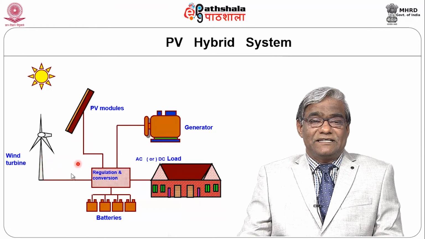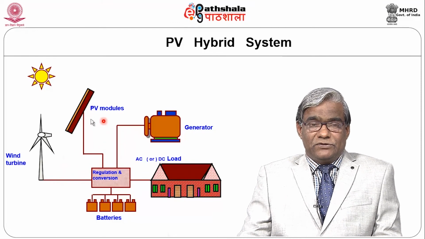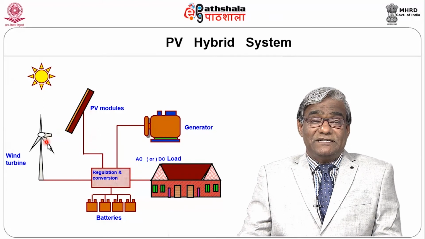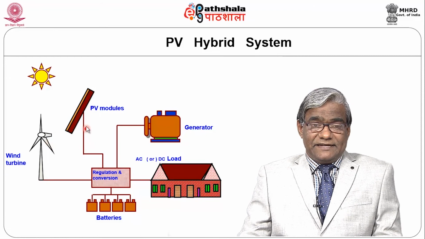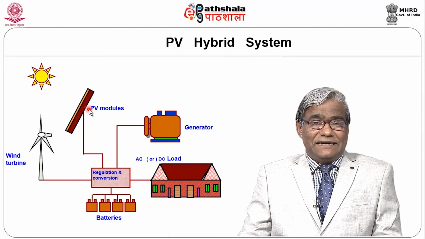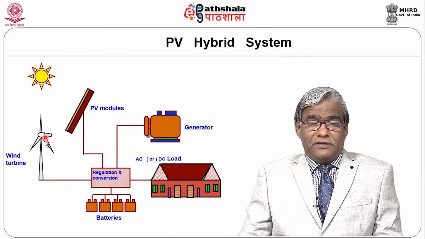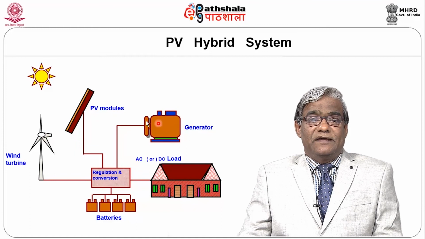It is integrated together, and here is one more generator. So, in the daytime solar PV can generate, and wind can also generate when the wind velocity is good, and at night time the PV panel cannot generate electricity. Of course, wind can also generate, but sometimes there will not be proper wind. So, at that time the generator can feed electricity.